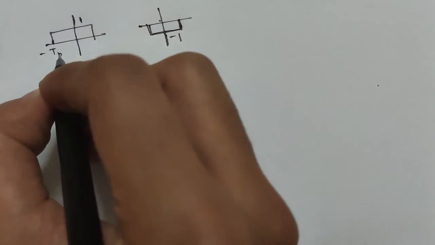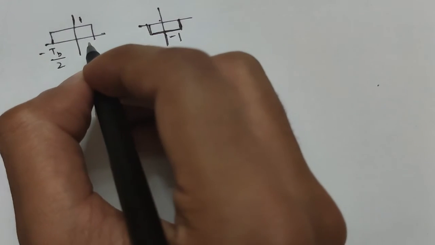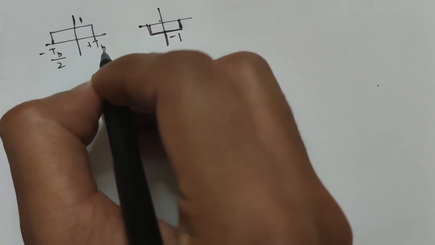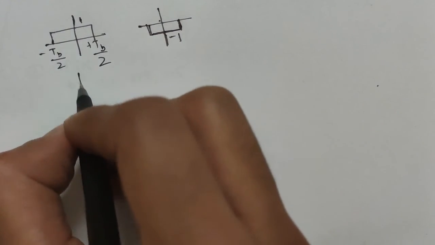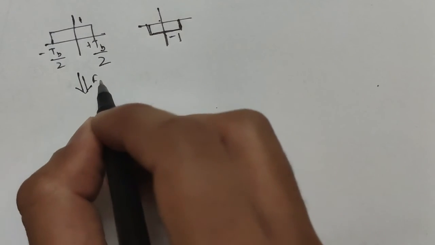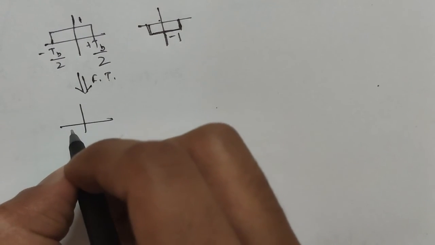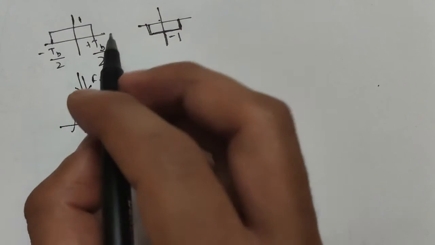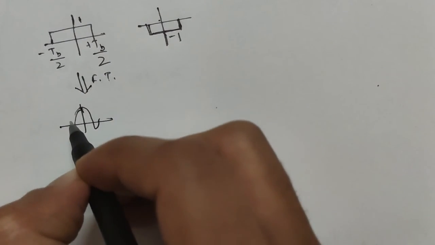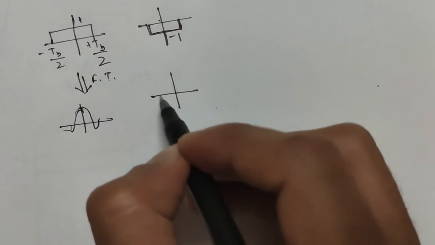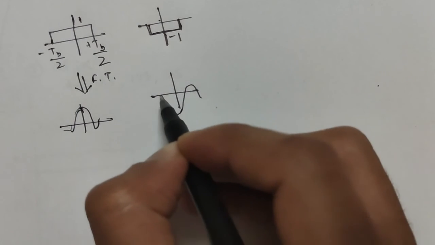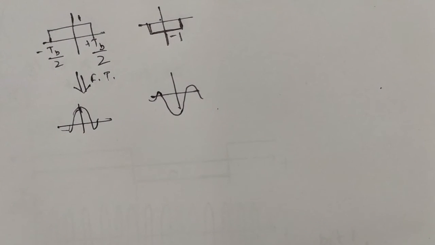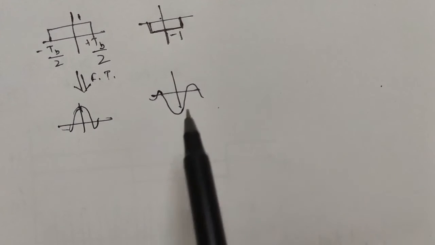We are not disturbing our bit time period and other quantities. Hence the Fourier transform of a rectangular pulse is a sinc pulse, and here there will be just a reverse of this.